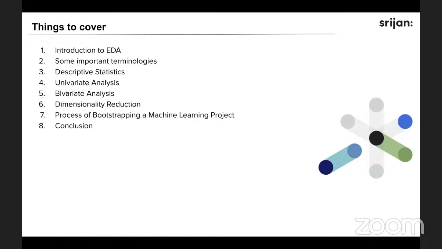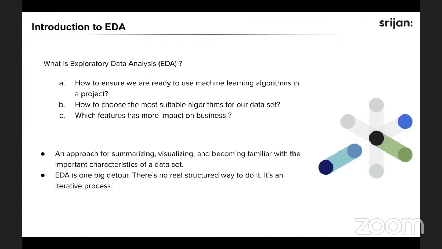We will just touch upon those things. Then I have a slide where I will discuss the process of bootstrapping an ML project, and the processes behind those things. That will conclude our session.